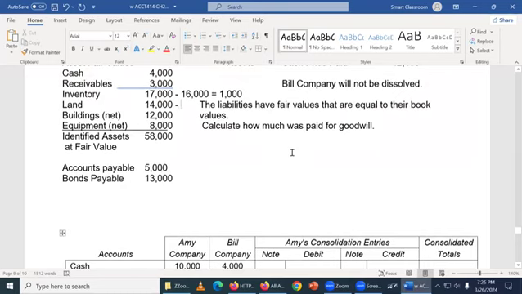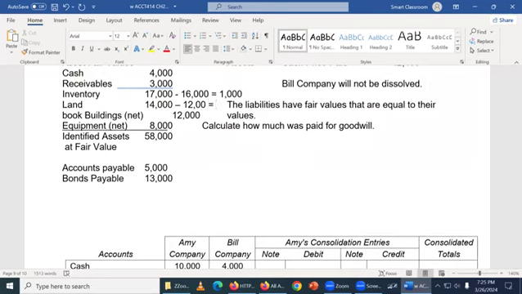No, you're right. Minus 12,000 equals 2,000. We are right, we just have to do deduction. Yeah, 12,000.